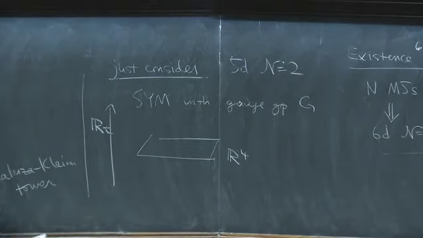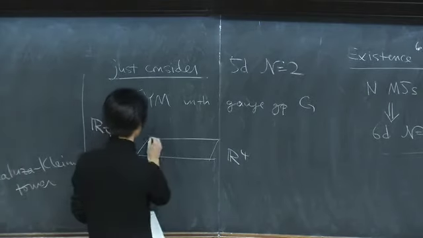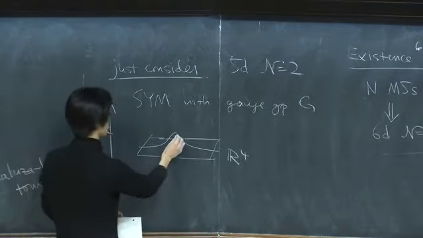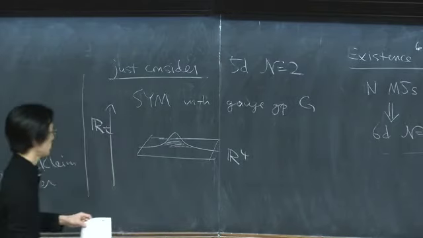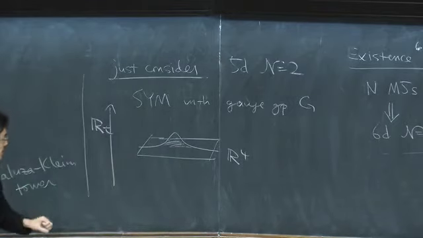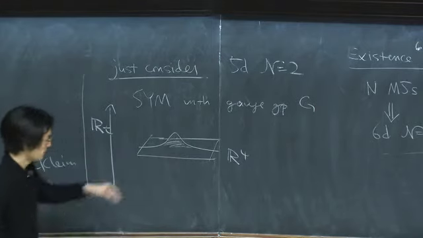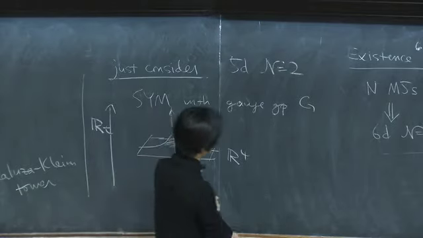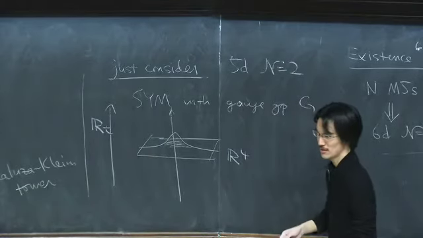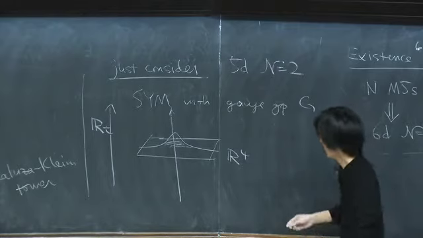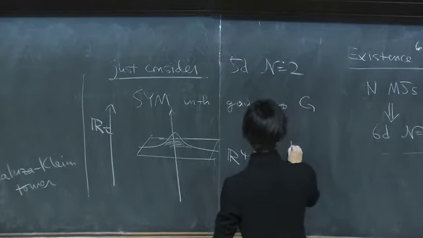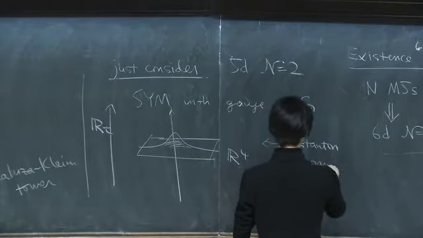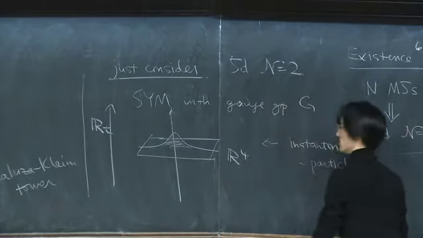And as you know, super Yang-Mills has an instanton configuration. It's a solitonic configuration of the gauge field, which is point-like along R4, but in 5 dimensions this extends along the time. So using the word instanton is a bit of a misnomer, oxymoronic here, but this becomes an instanton particle, a particle-like excitation.